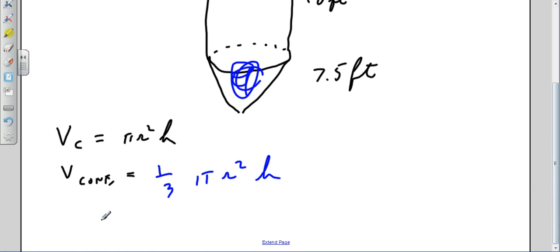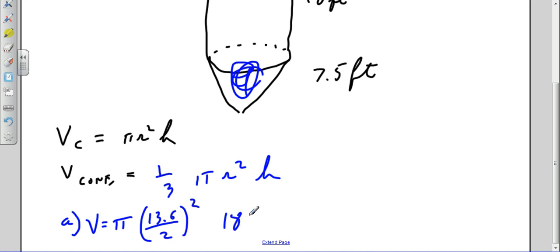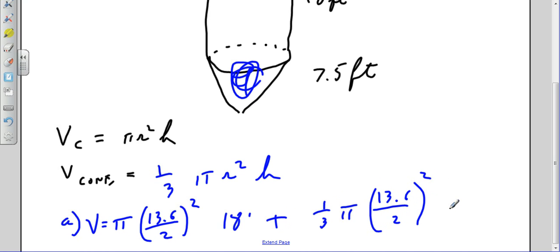So for the A part of the problem, where we want to find the volume, we're going to go pi, so volume is equal to pi r squared, which is 13.6 over 2, squared, h is 18, plus 1/3 pi r squared times the h, which is 7.5.